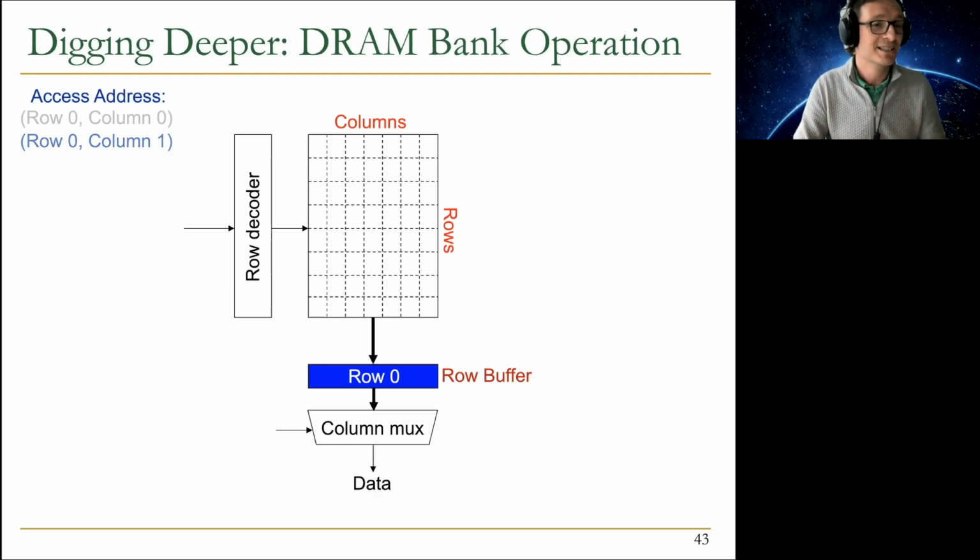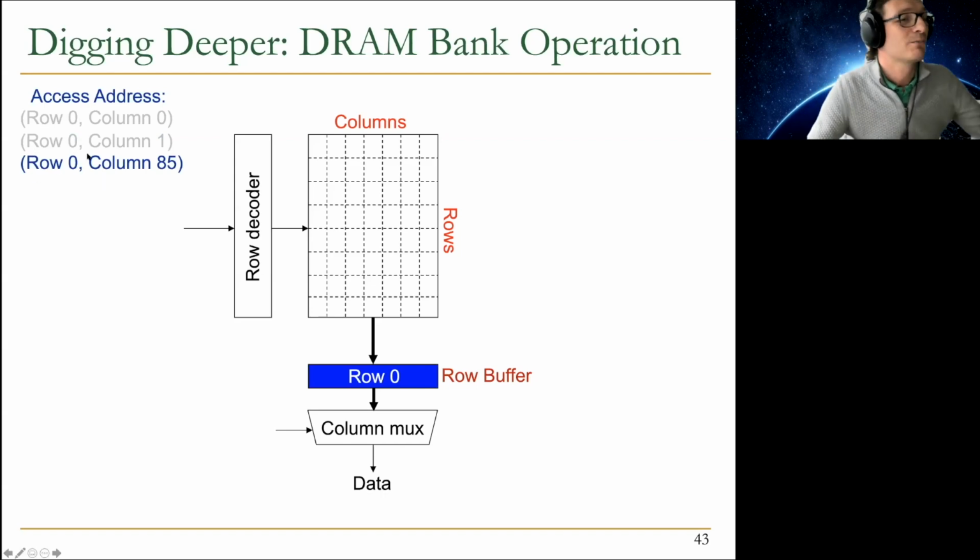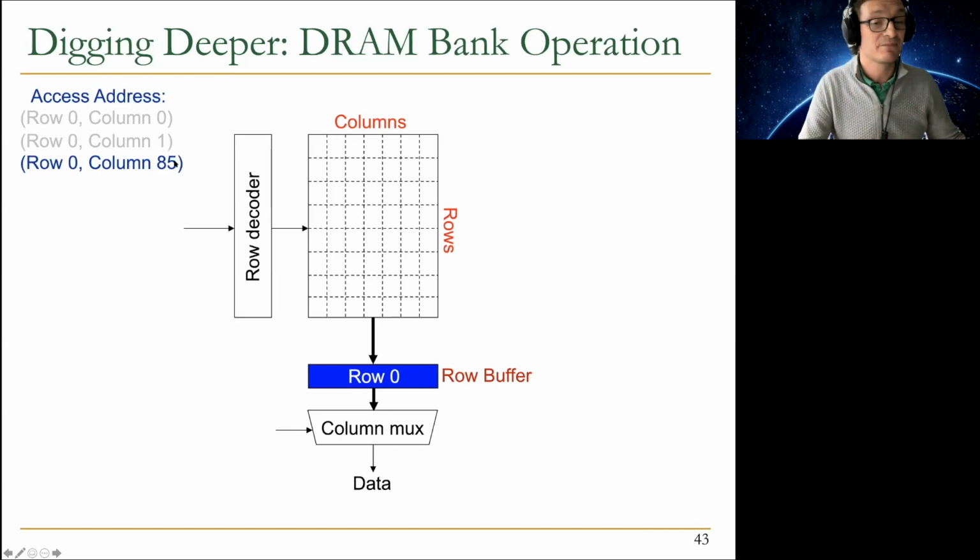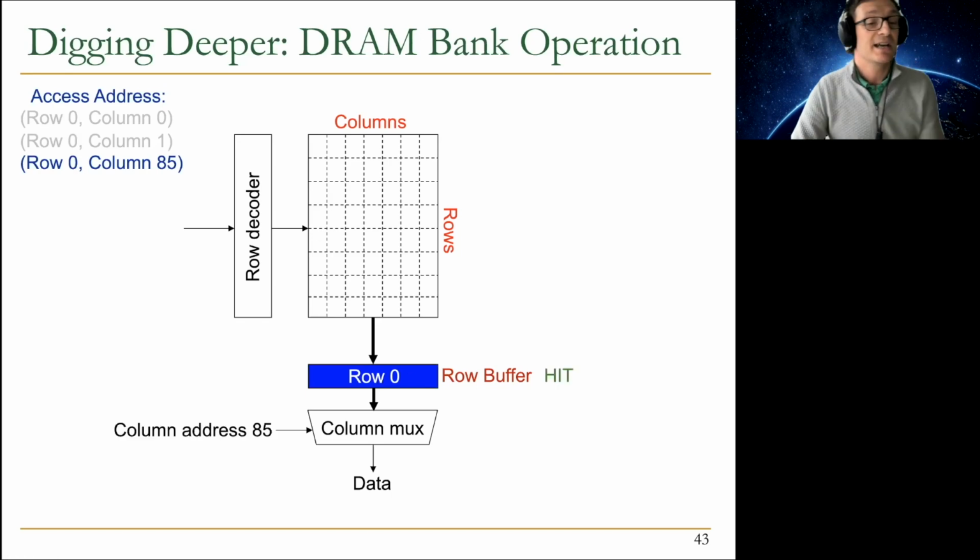That sounds good, right? Now let's take a look at another access to row 0. Let's say MATLAB wants to access row 0, column 85. Again, row 0 is already in the row buffer. No problem. We don't need to activate a new row. It's a row buffer hit, and we just need to send the column address, and the data gets multiplexed out by the DRAM chip and sent to the memory controller.